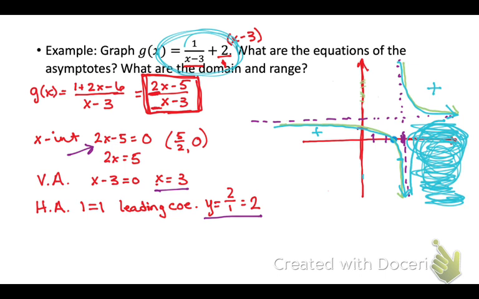How do I check if I'm right? Your calculator. In your calculator, you do not have to put this one. You will put the original problem. You will put 1 divided by parenthesis x minus 3, plus 2. If you're me, I put an extra parenthesis around all that, but you don't have to.